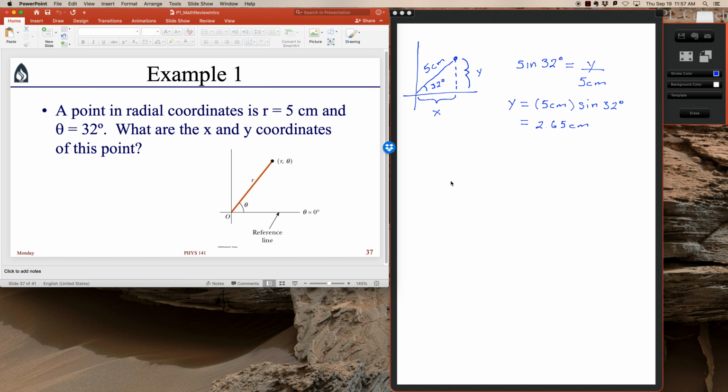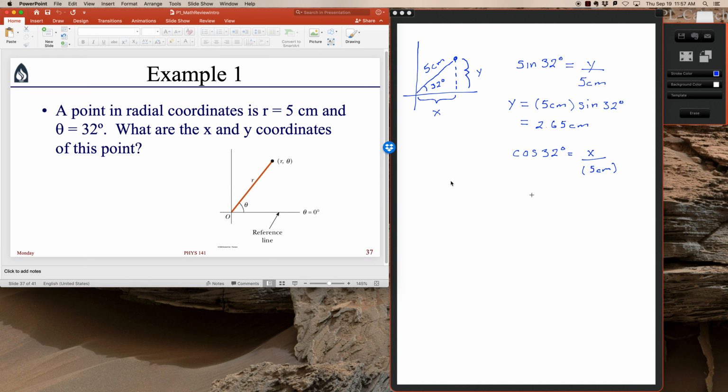Let's look at the x-coordinate. I think I can get that by considering the cosine of that 32-degree angle. So the cosine of 32 degrees would be the adjacent side, which is the x-coordinate, or the length of the bottom of my triangle, divided by the hypotenuse, which is 5 centimeters.